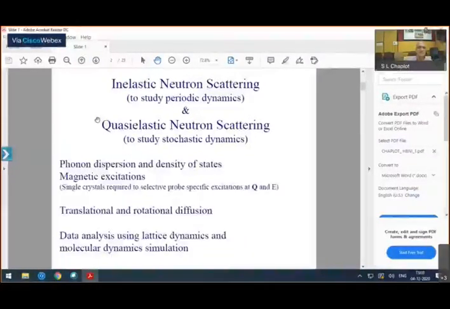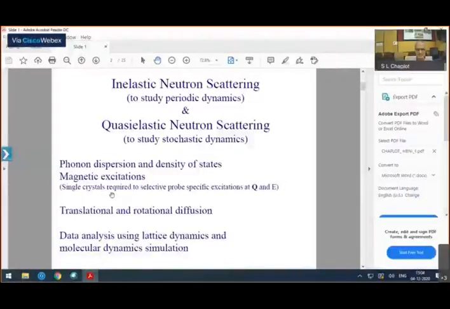Fine. Okay, so what are we going to cover in the next 10 or 12 lectures? We will use these techniques to study things like phonon dispersion curves or phonon density of states, and magnetic excitations. So these are all excitations which are essentially periodic in nature. So that is the inelastic neutron scattering.